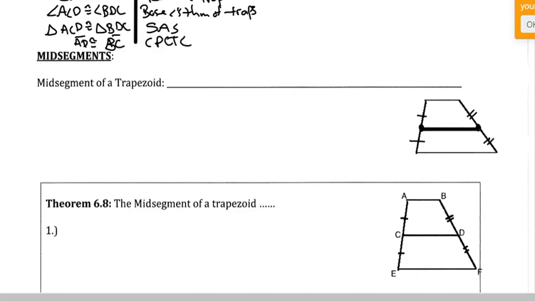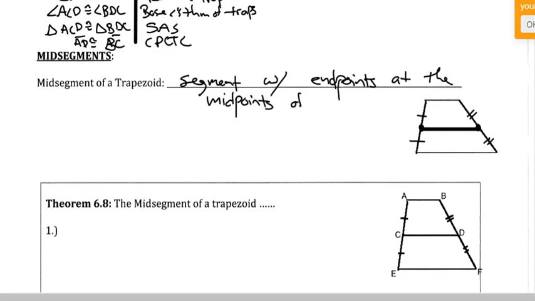It is going to be the segment with endpoints at the midpoints of the sides. And this is going to be working with all trapezoids, not just isotraps.